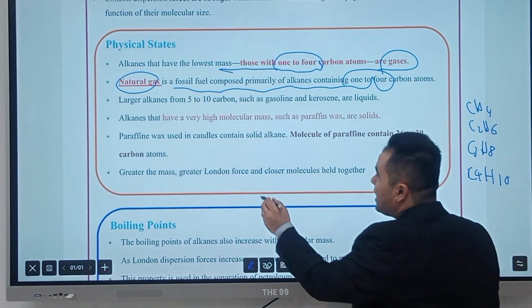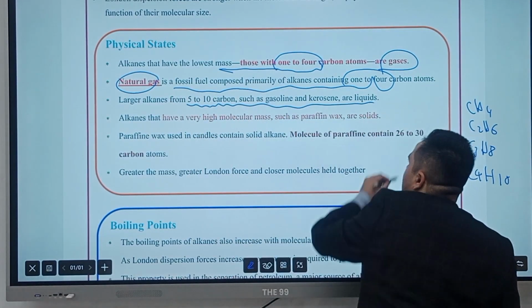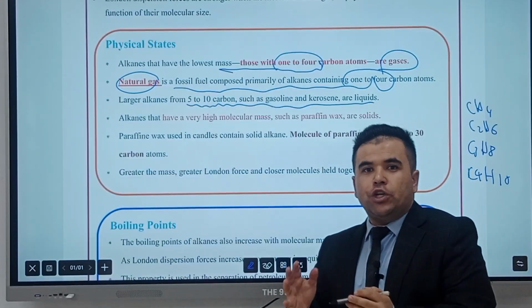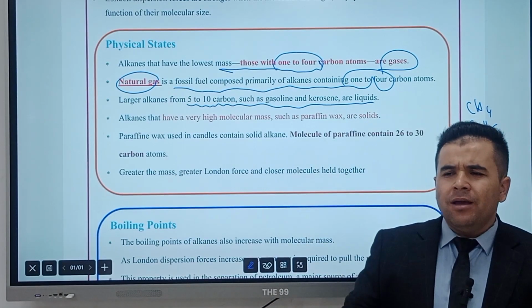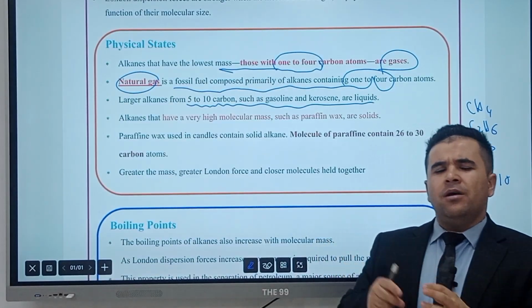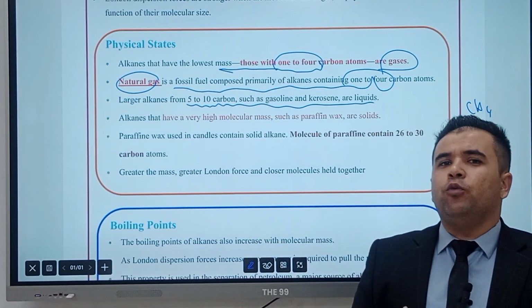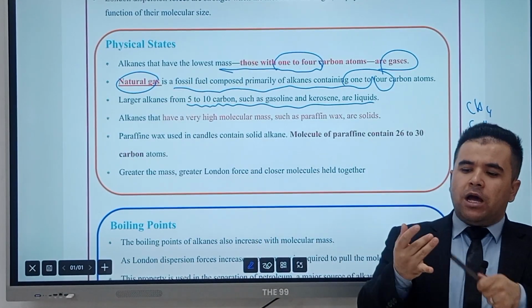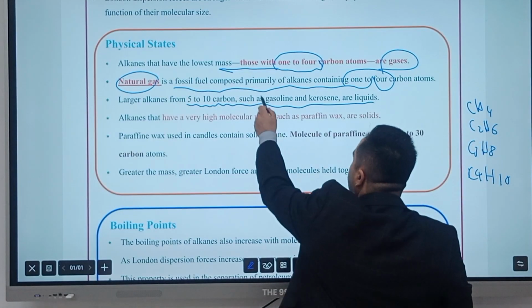And then, guys, as the hydrocarbon increases, the state also changes. Carbon 5 up to carbon 10, in chemistry up to carbon almost 17, 18, are all liquids. Liquids like gasoline, naphtha, kerosene, diesel, and so many other products.